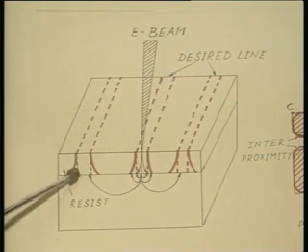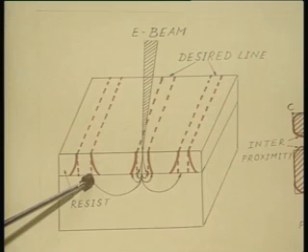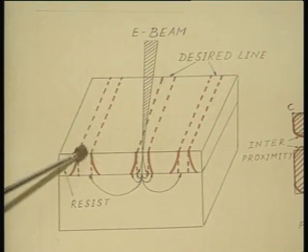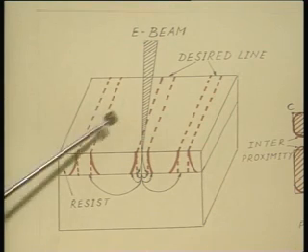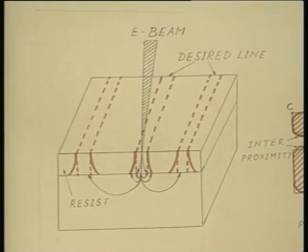Obviously, the region bounded by the red dashed line is what we desire to obtain, the pattern that we want to obtain on the substrate surface.